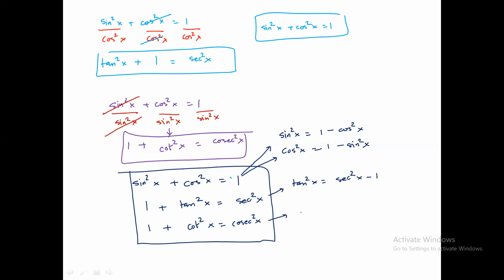From this, you can rearrange and write cot square x is cosecant square x minus 1. Another formula you can get is secant square x minus tan square x is 1. Or from this another formula, cosecant square x minus cot square x is 1. Just by rearranging, you can make many more formulas.